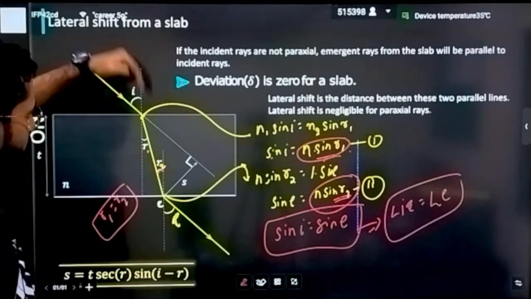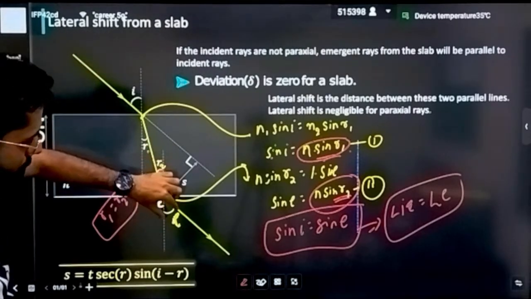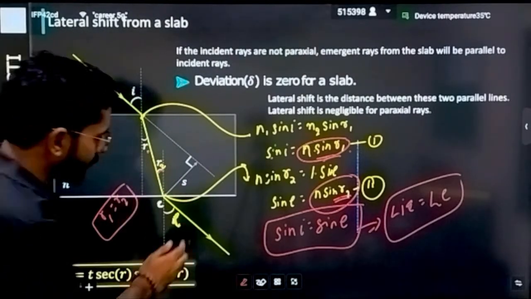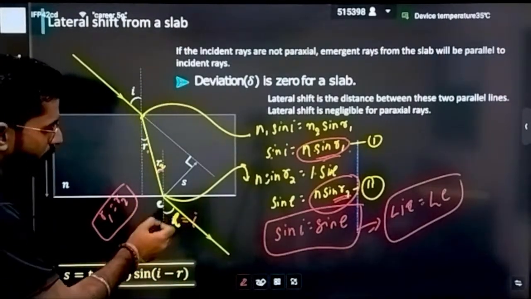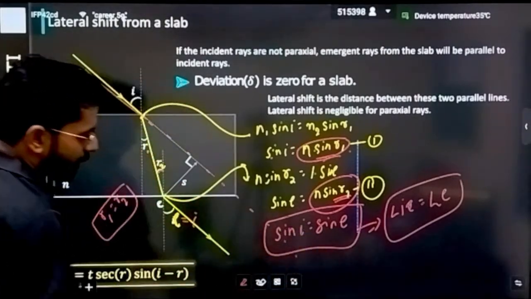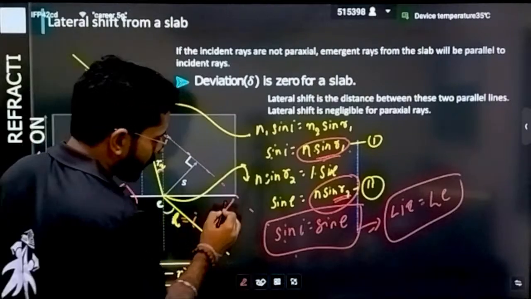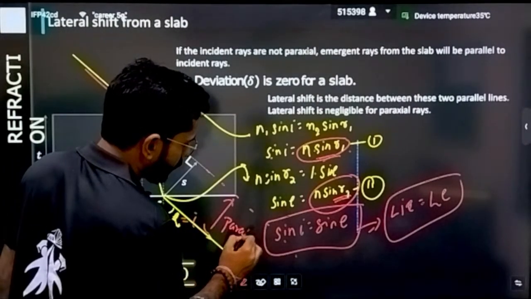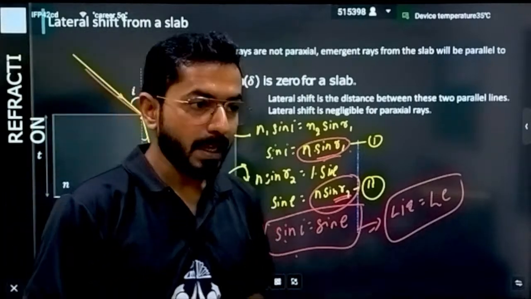From this vertical line, this angle is i. So from this vertical line, this angle e is nothing but equal to i. So if both these angles are equal from this vertical, can I say this line that was proceeding further and this line are nothing but parallel?